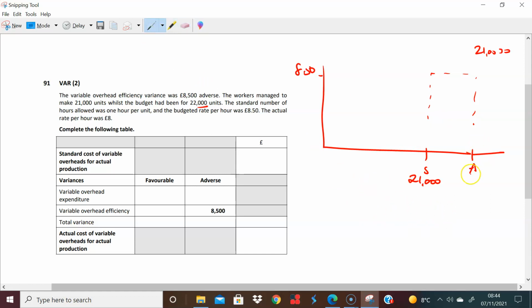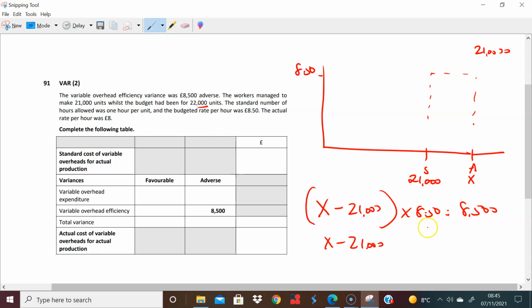The difference between these two things times £8.50 is 8,500. I'll call the actual hours x, so x minus 21,000, times £8.50, is equal to 8,500. I'll divide both sides by £8.50.